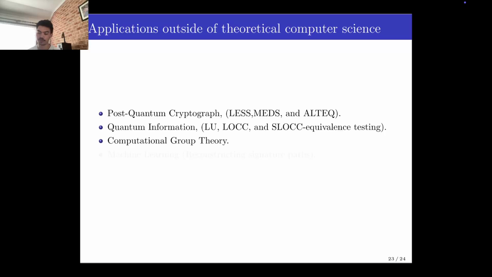Obviously, p-group isomorphism testing is an interesting problem for computational group theory, and tensor-based systems have been used in practical implementations such as Magma and GAP, and also, interestingly, used in machine learning, such as reconstructing data from their signature paths.